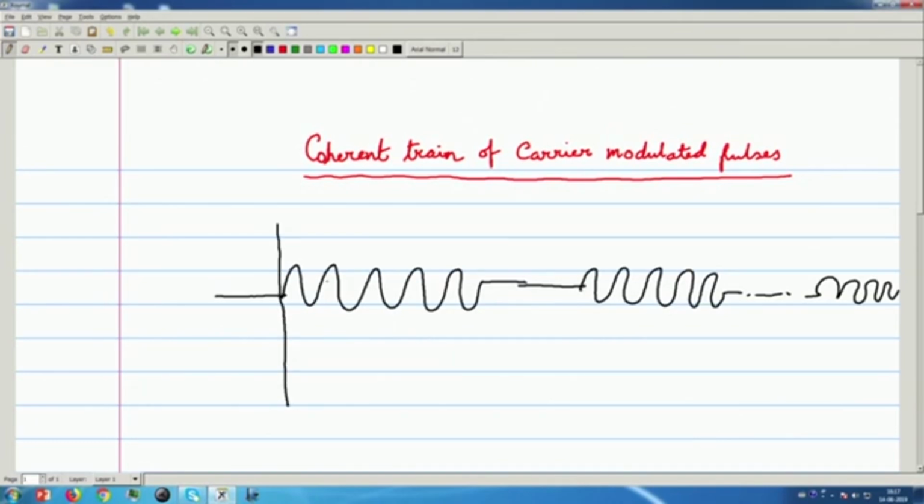Now, this is a coherent train of high frequency signals, and the envelope is a rectangular envelope. There is an on time, there is an off time, and there is a high frequency signal.